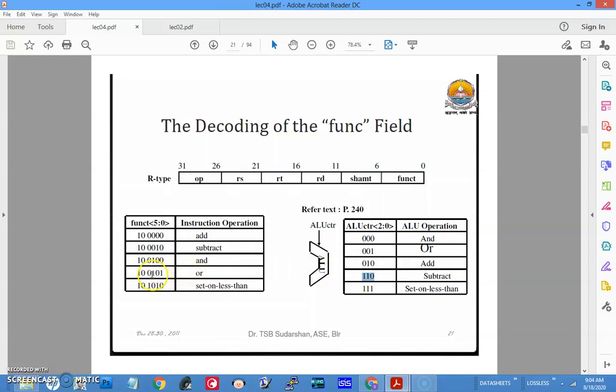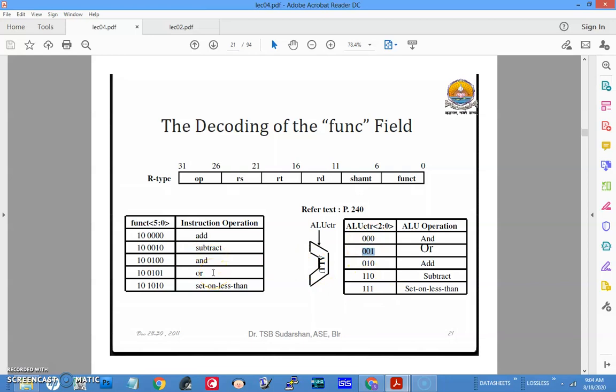When 1, 0, 1 is coming for the OR operation, then this has to be given for ALU control. Likewise, we can develop a truth table where this will be the input and this will be the output required for the control signal.